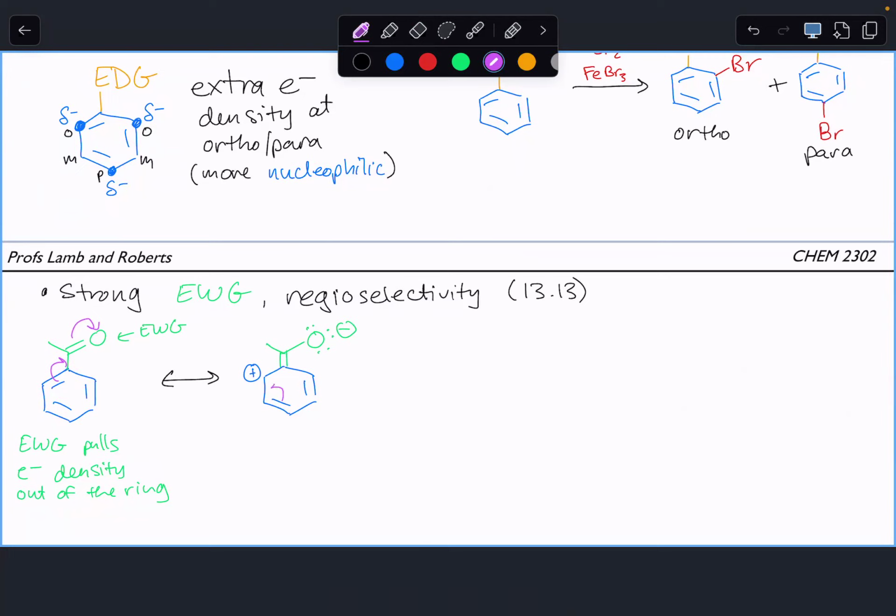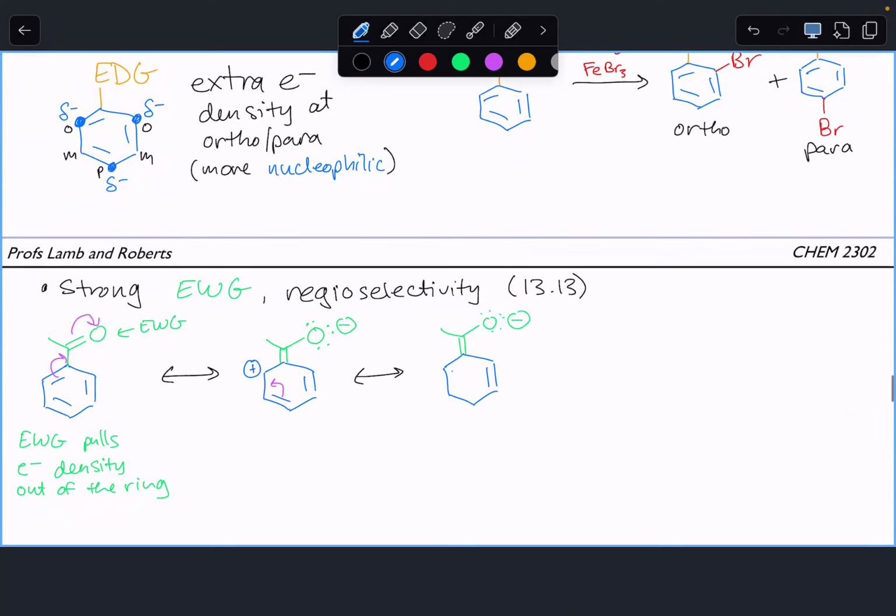I can draw another resonance structure. We just push that pi bond over to fill the deficiency. So again, I start with the things that don't change. And then what did change, I moved the pi bond to the left, and now my para position is deficient. So it's lacking electrons, so it's positively charged.